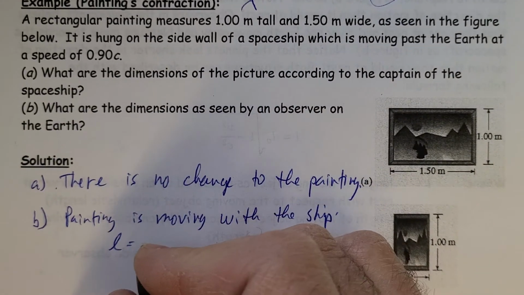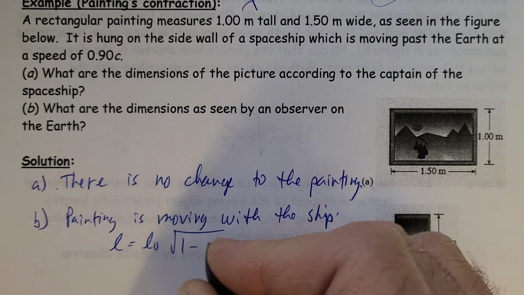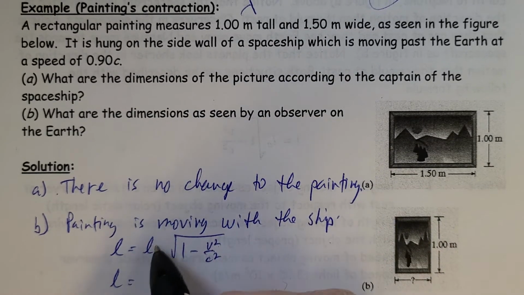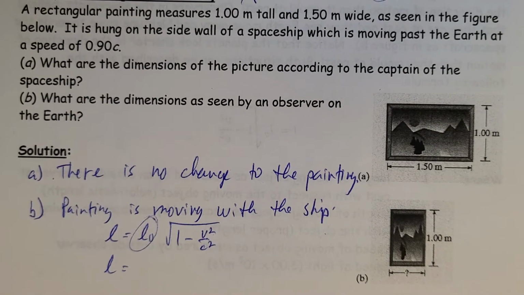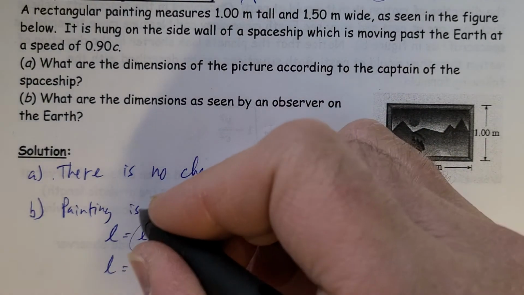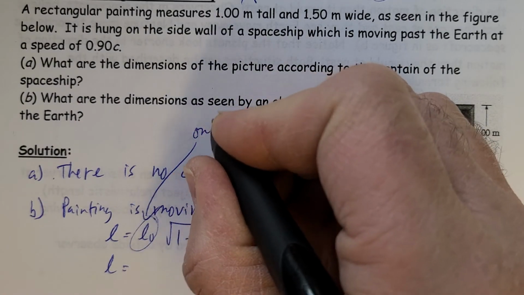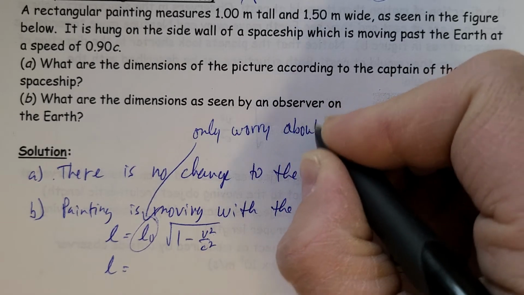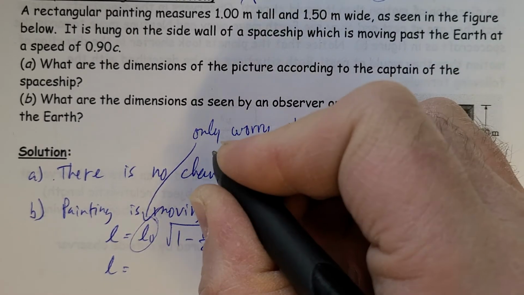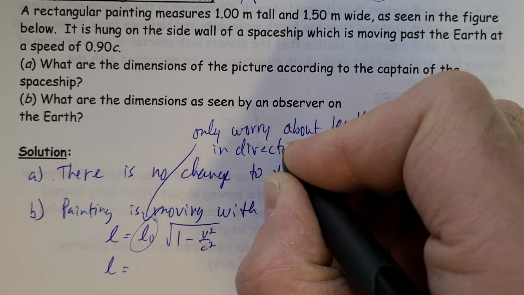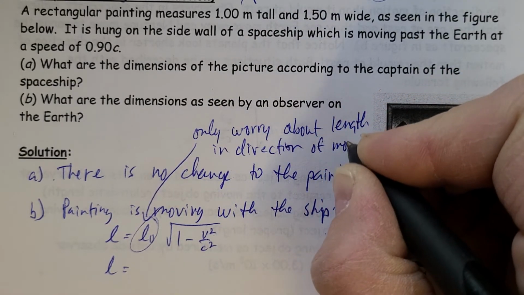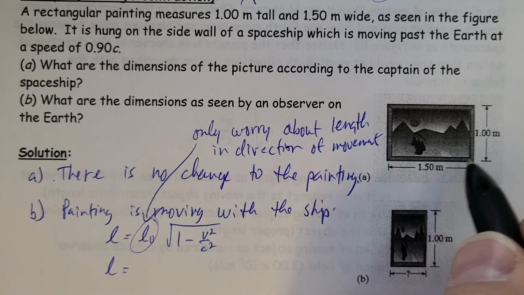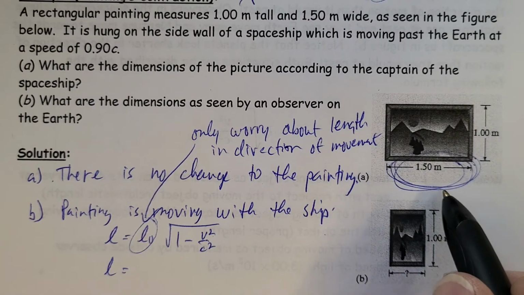L is equal to L naught multiplied by the square root of 1 minus v squared over c squared. Now L naught would be the length of this thing if things weren't moving. We only have to worry about the length in the direction of movement. If I assume this painting is hung normally, it's this distance that's going to be affected.